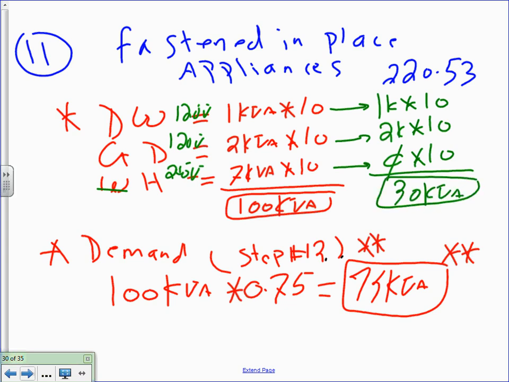Then don't forget that you have to bring the 30 kVA here and cut it by 0.75. Apply the same demand rules. Anybody can give me the answer here, please? 0.75 of 30. What's 0.75? How much? 22.5.